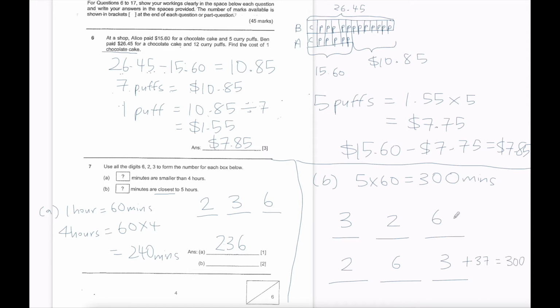For this one, you only need to minus 26 to become 300. That's why this is the answer. 3, 2, 6. How I get 37 is I took 300 minus 263. So, let's move on to the next question.